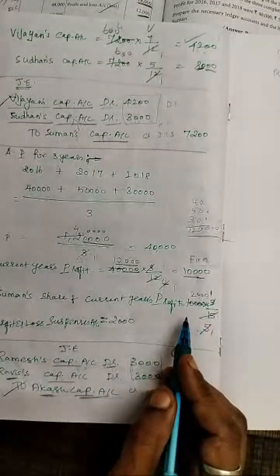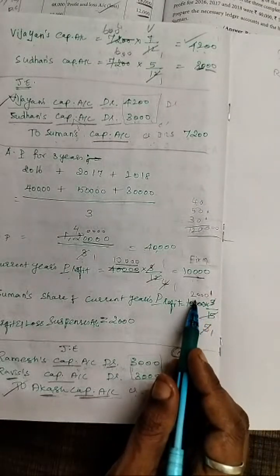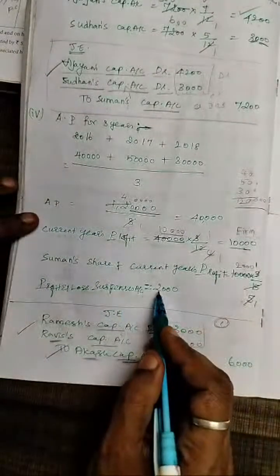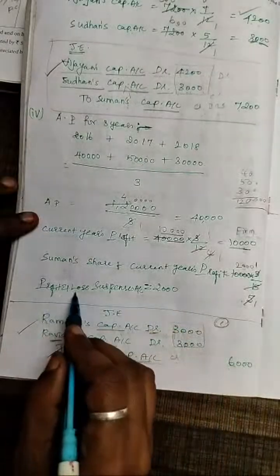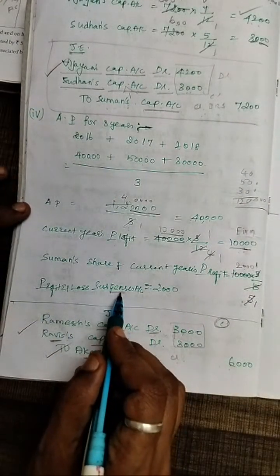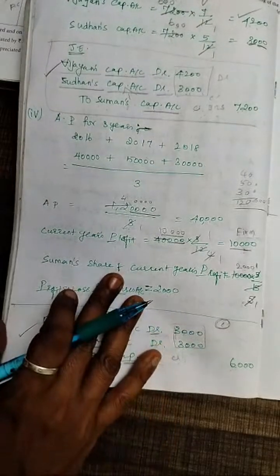We can't exactly say that Suman's profit is 2,000 rupees. So we have to enter that 2,000 rupees in the profit and loss suspense account. Why have we entered the suspense account here? Because the current accounting period is not completed.